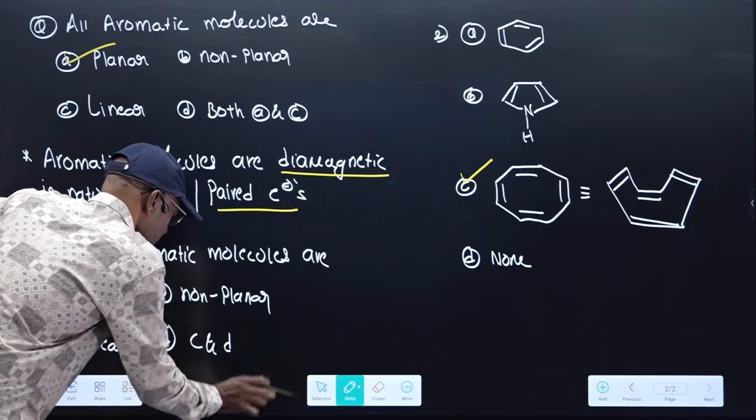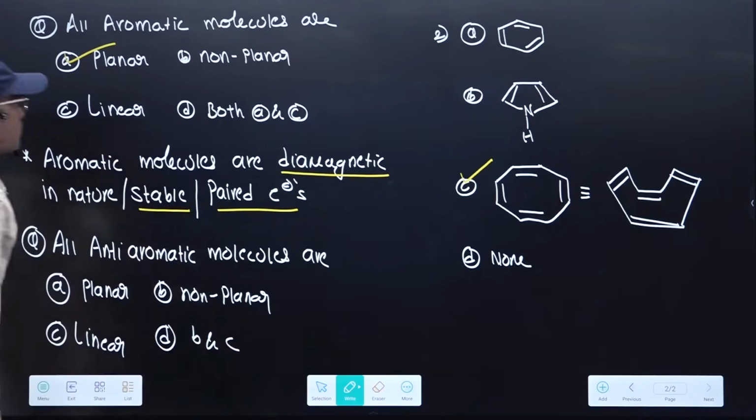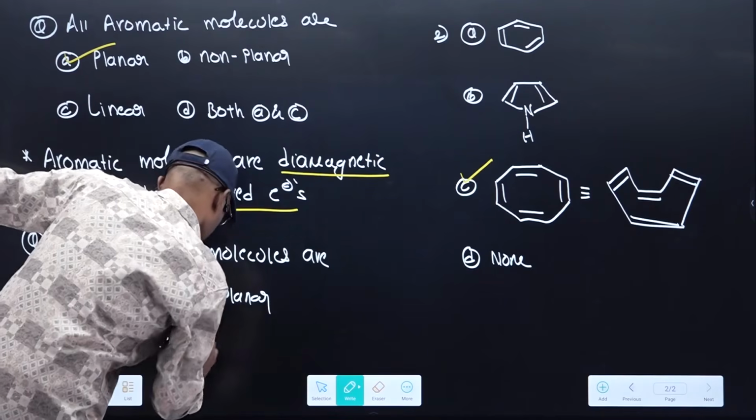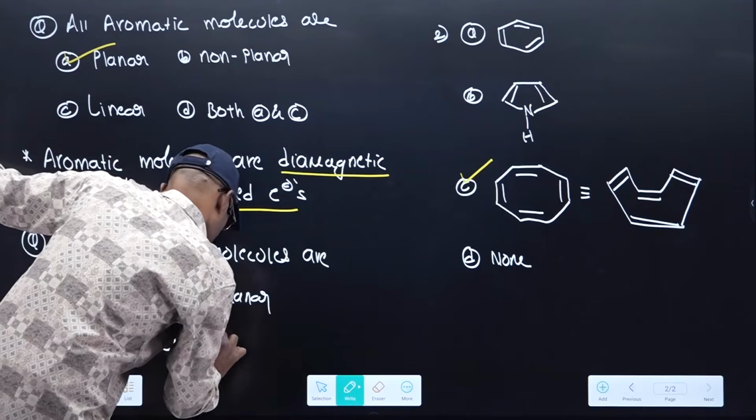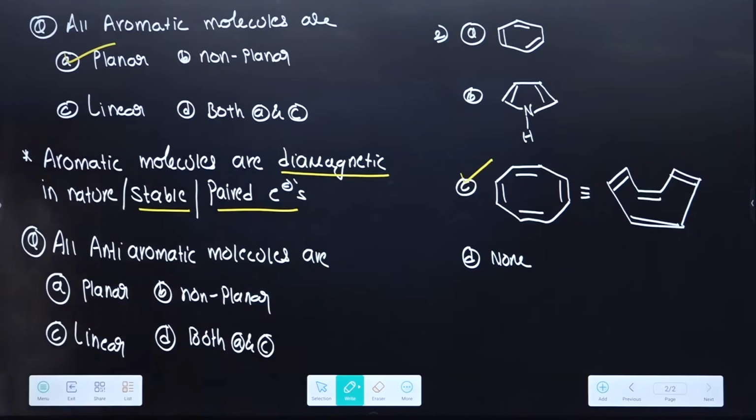C and D, B and C. B and C both are possible. Both A and C options are correct.